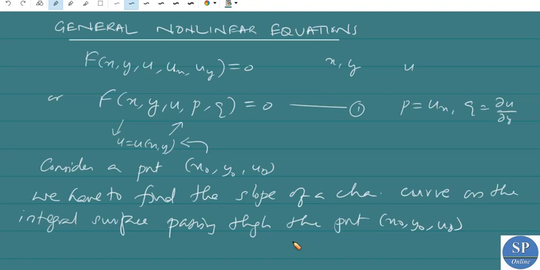In the case of quasi-linear PDEs, we obtained the slopes of the characteristic curves x_t, y_t and u_t directly from the given quasi-linear PDE.